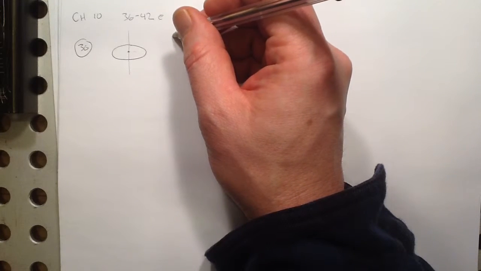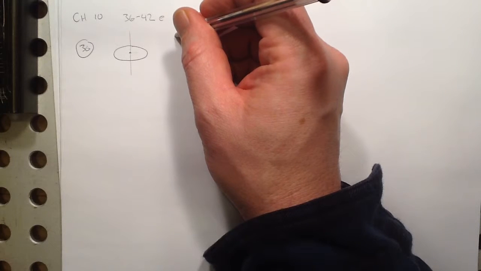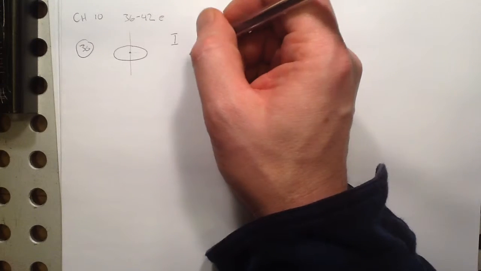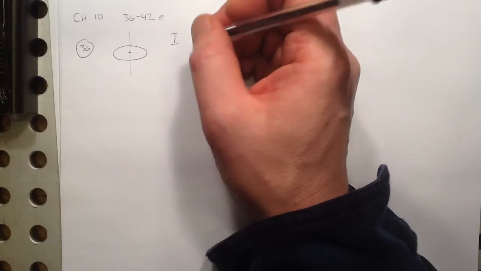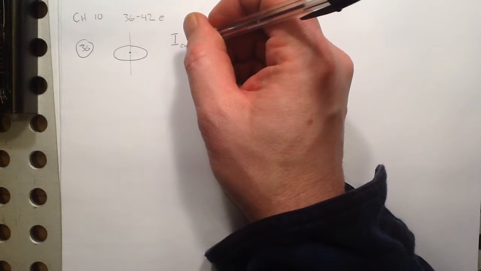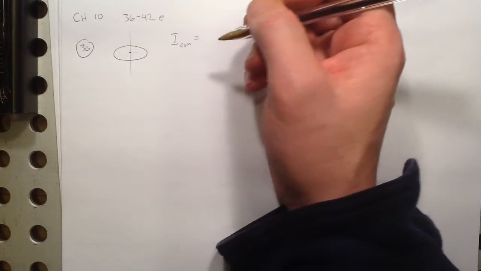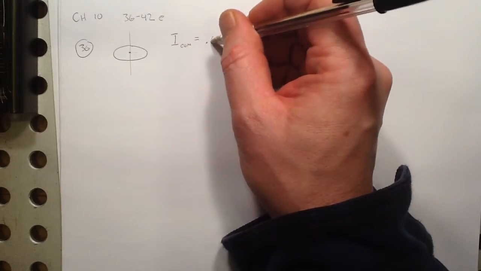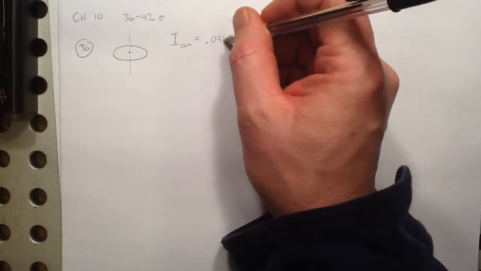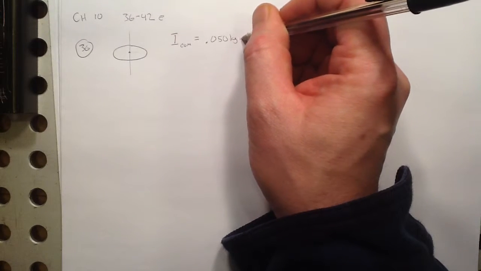So I'm looking at the graph here. When the h distance is 0, in other words, when it's actually rotating through the center of mass, the rotational inertia is 0.050 kilogram meters squared.